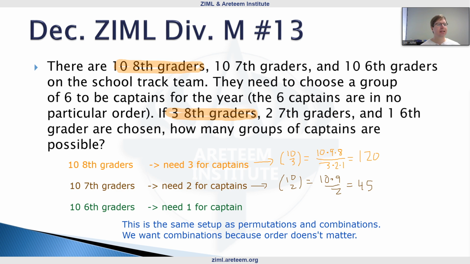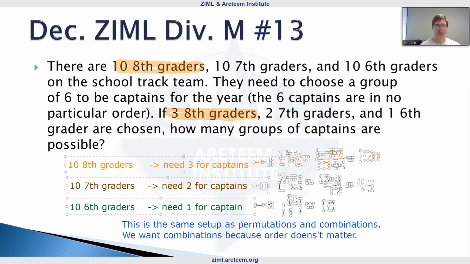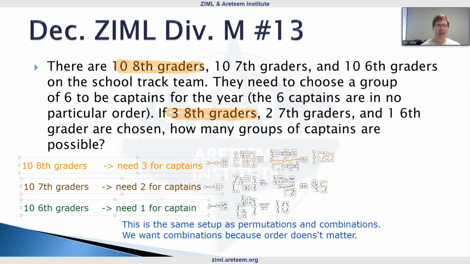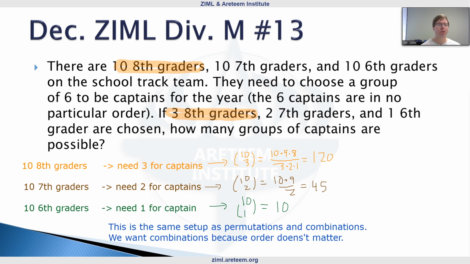And then lastly, but not least, the 6th graders, they only get 1 of the 6th graders, unfortunately for them. 10 choose 1. Logically speaking, 10 choose 1 should just be 10, right? You can double check the formula there yourself, right? That's always good to double check and see if the logic makes sense with the actual formulas. Then the final answer here is of course a multiply, right?